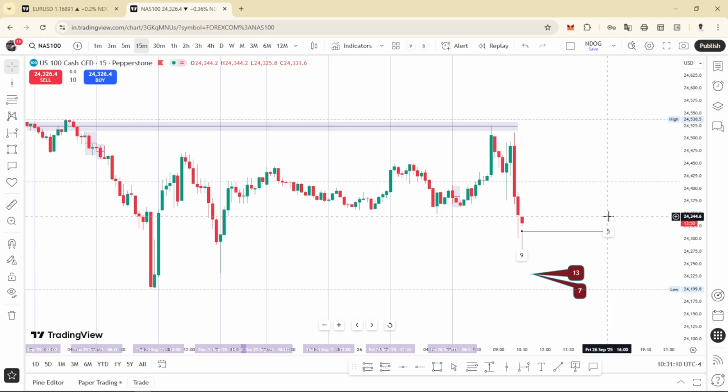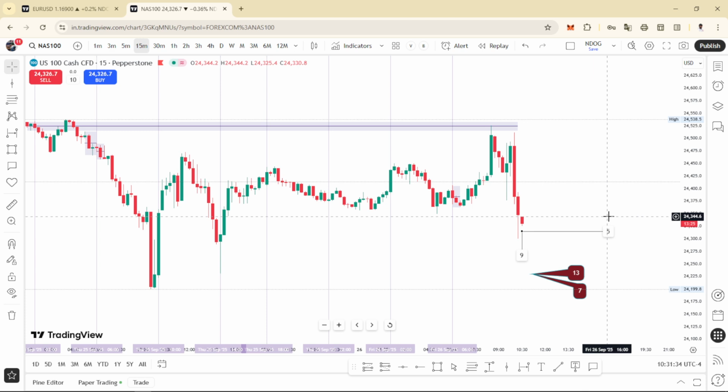So if the 9 does not give me, then I think the next candle after it should be the one to do it.